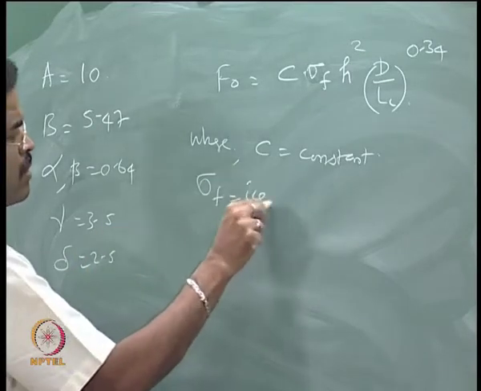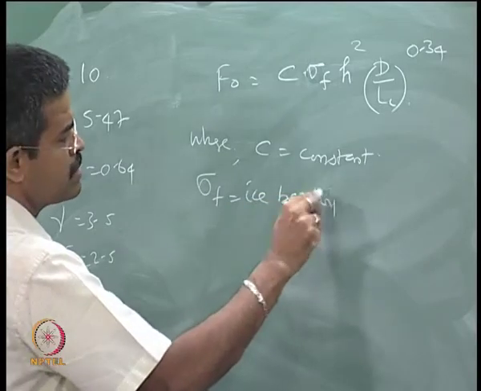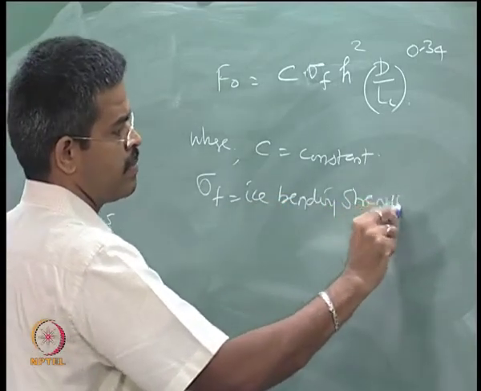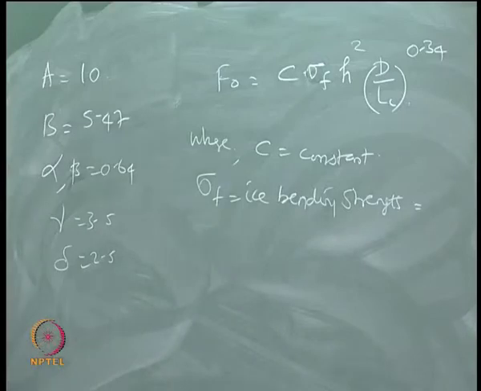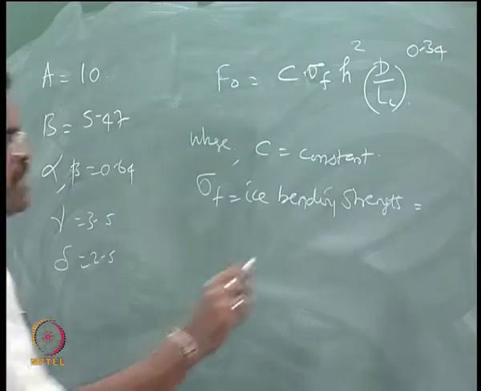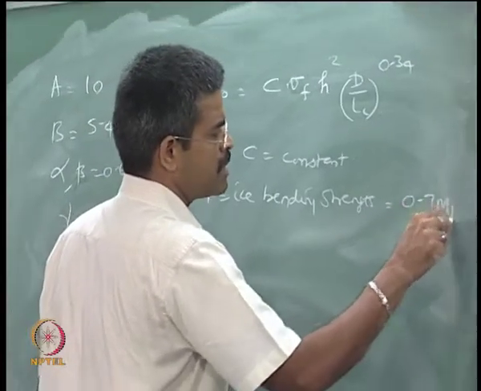Sigma F is called ice bending strength, which is generally taken as 0.7 megapascal.